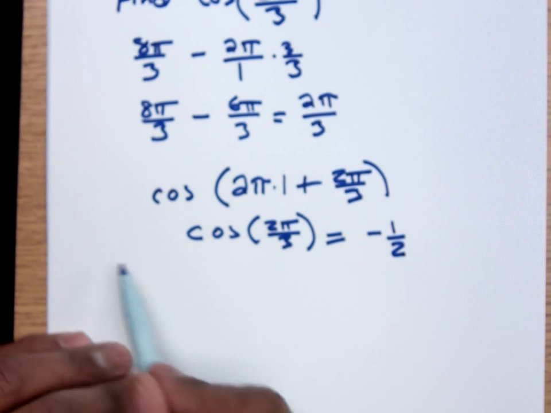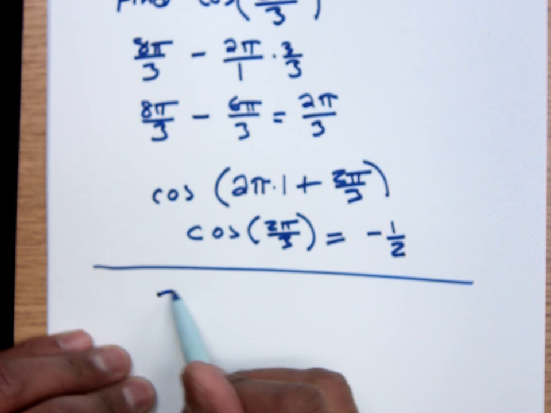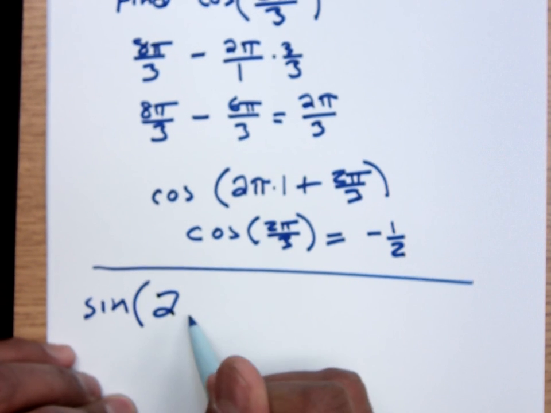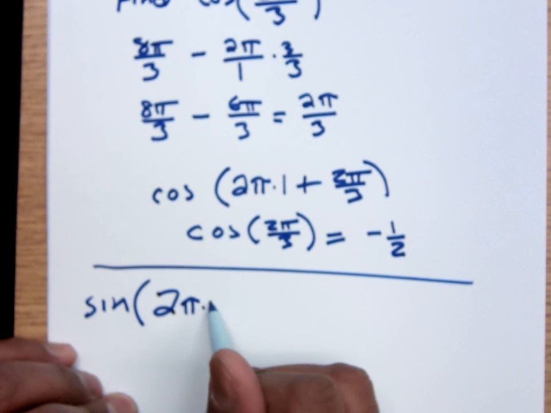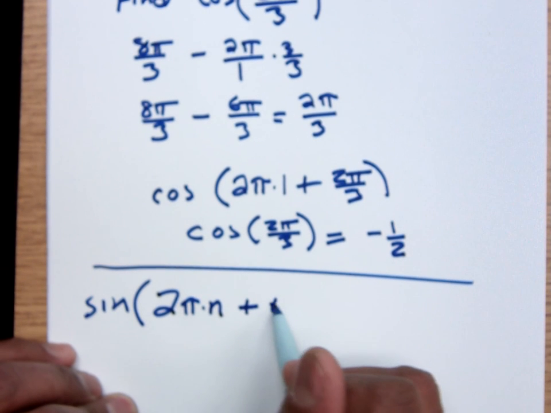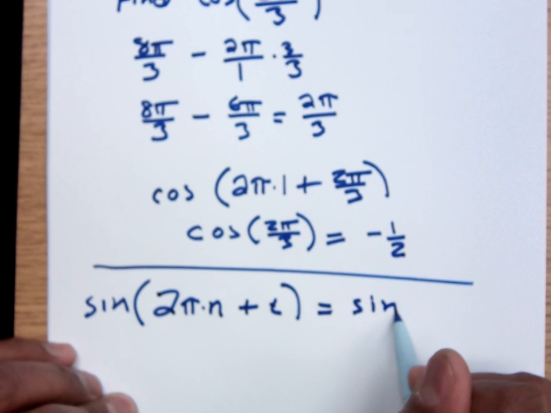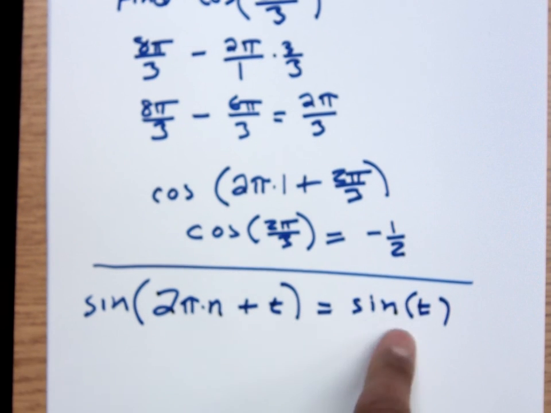If you have the sine of 2 pi times any integer plus any angle, which they call t, it's equal to the sine of that angle, t. The same is true for cosine. It says that these are the same.